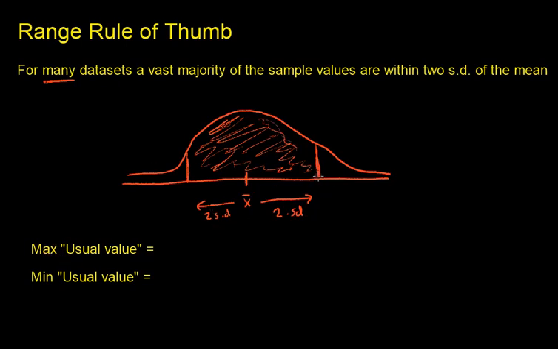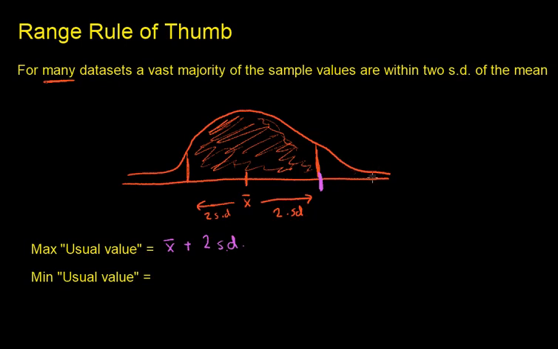So the vast majority of the data lies within 2 standard deviations in front of and behind the mean. We define the maximum usual value, right here where we stop. The maximum usual value would be the mean plus 2 standard deviations. You can observe values beyond 2 standard deviations away from the mean.